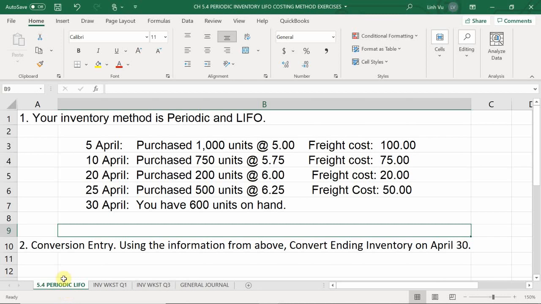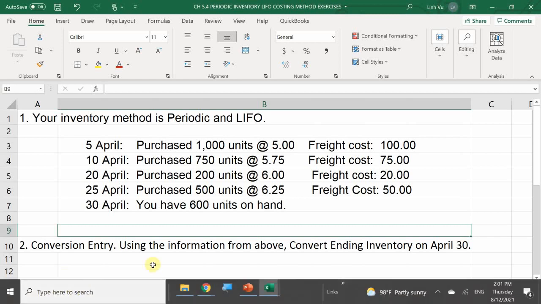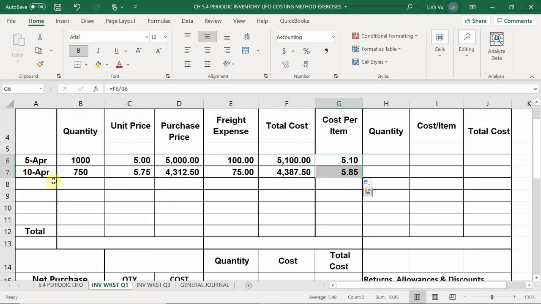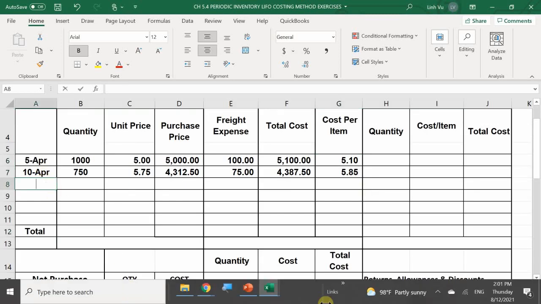So then here on April 20th, we end up purchasing 200 units at $6 each with a freight of $20. Okay, so let's plug that into our inventory worksheet. April 20th, 200 units at $6 each with a freight of $20. So what is my total purchase price?